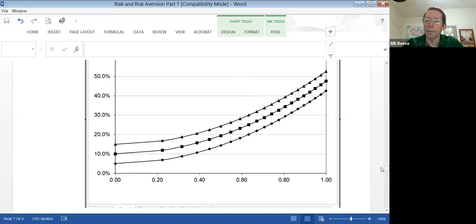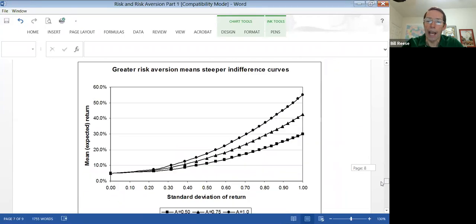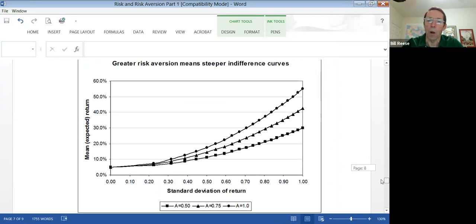One more diagram we're going to take a look at, and obviously these were imported from Excel. This one is 3 different investors. The one with the squares has an A of 0.5. The one with the triangles has an A of 0.75. The one with the circles has an A of 1.0. So this one has a bigger A. They are more risk averse. The one with the squares, they are still risk averse, but they are less risk averse.